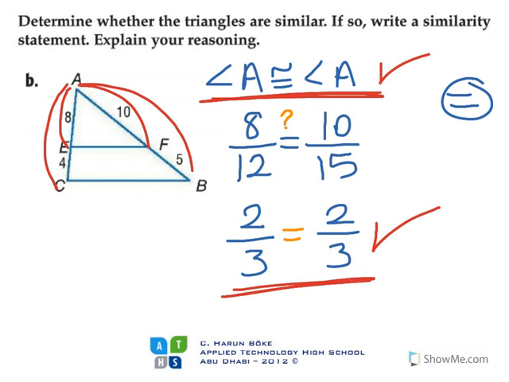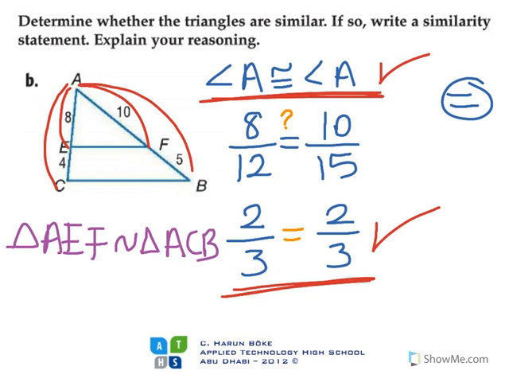So I can write the similarity statement like we can say the triangle AEF is similar to the triangle ACB. Now you have to be careful because here you write 8 in the proportion, so this is AE. Here you write 12, this is AC.